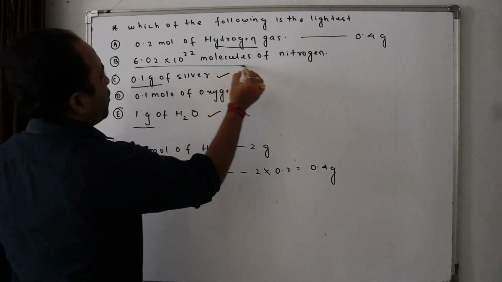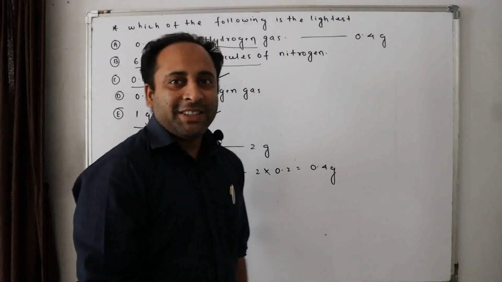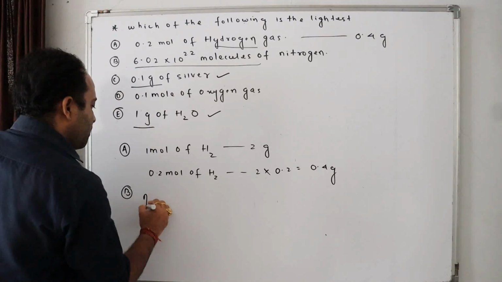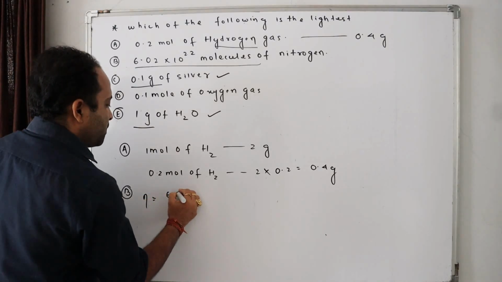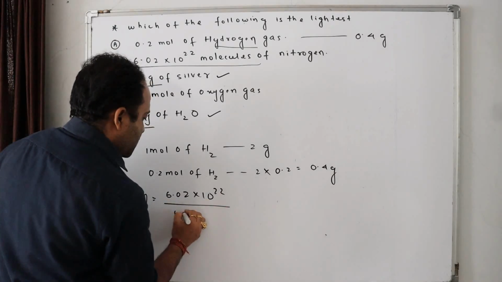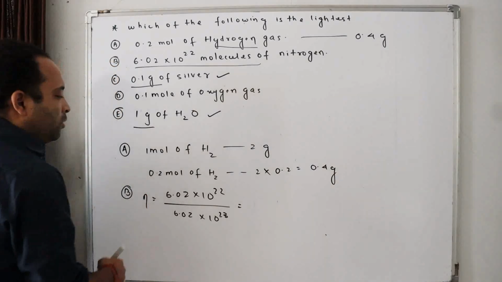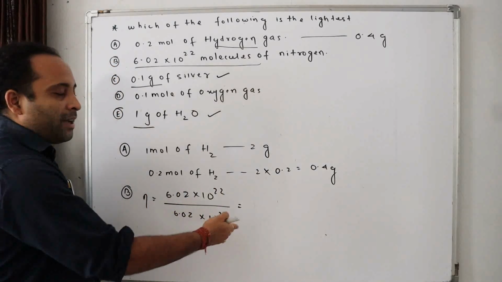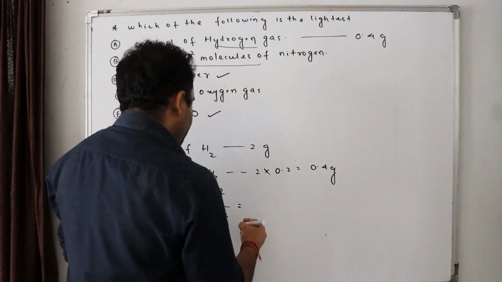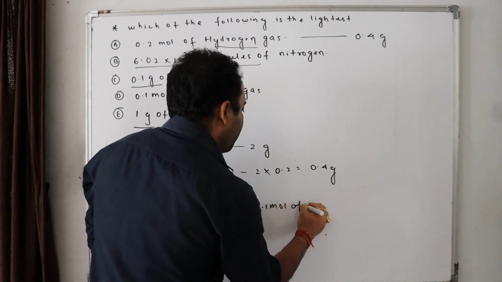Okay, now let's go for B. 6.022 into 10 to the 22 molecules of nitrogen. Now, how does nitrogen exist? As N2, isn't it? Now, how to find the number of moles? 6.022 into 10 to the 22 divided by 6.022 into 10 to the 23. I told you this formula: number of entities divided by Avogadro's number is the number of moles. So this is 0.1 mole of nitrogen.